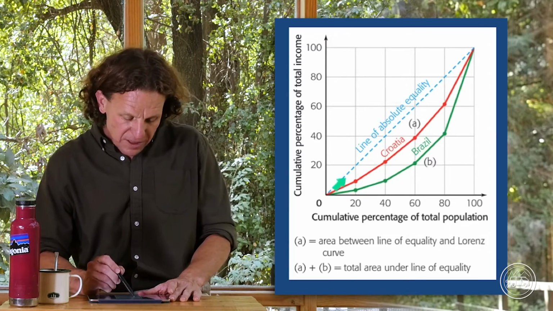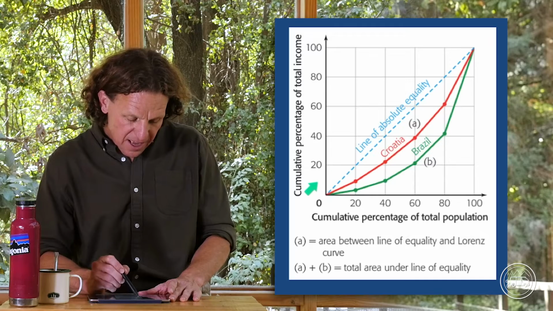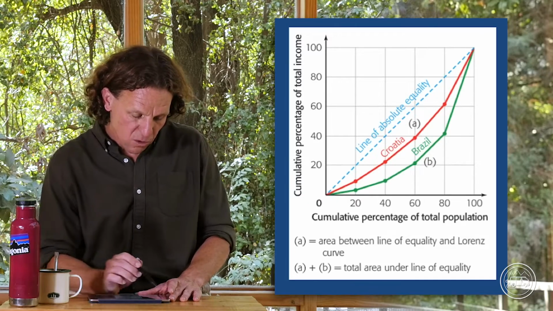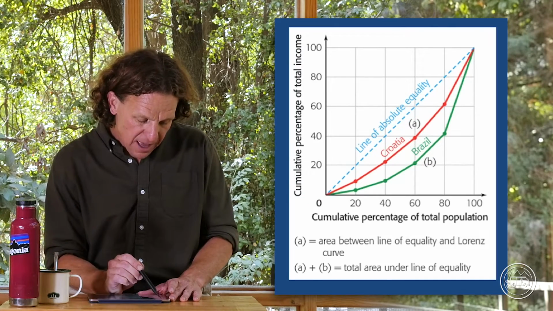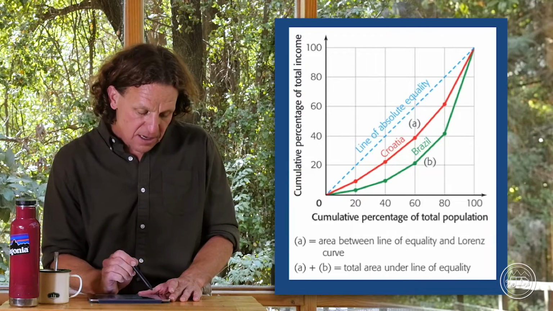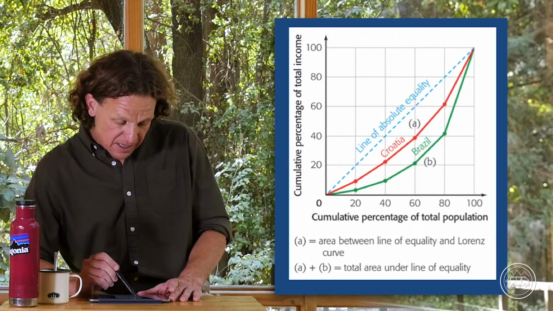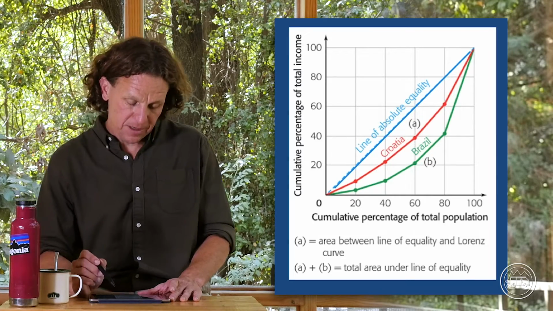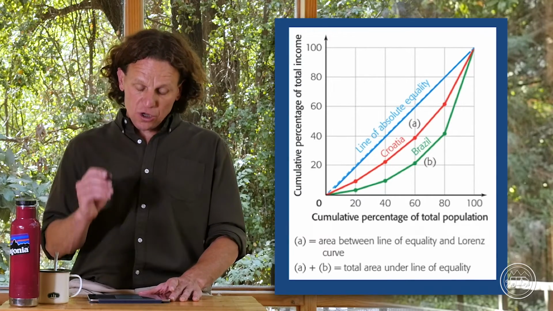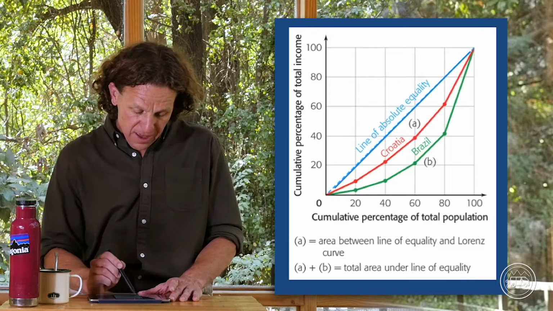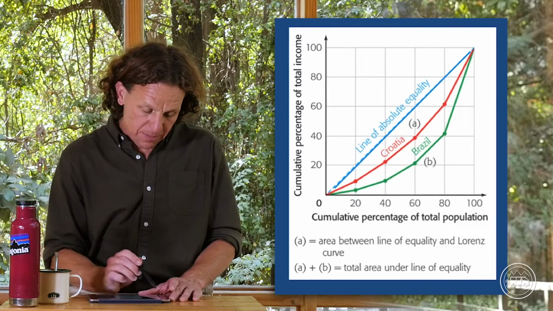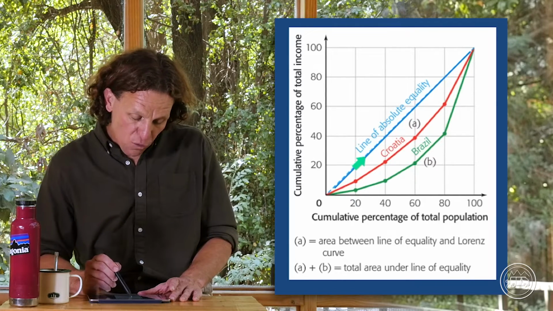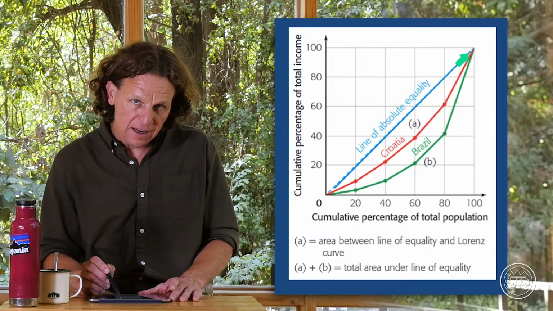Okay, so that's what this line is here. This line represents the line of absolute equality. And from the line of absolute equality, we get, guess what? That. Okay? So, as we go through this, you are going to now see something that is a reference point for equality.